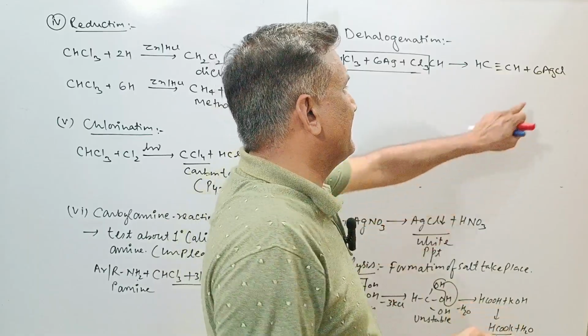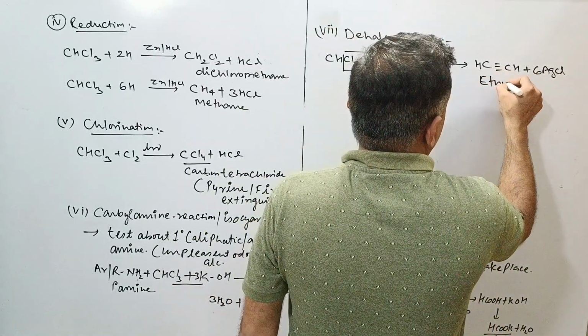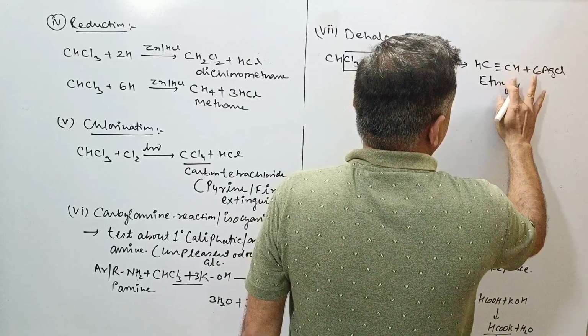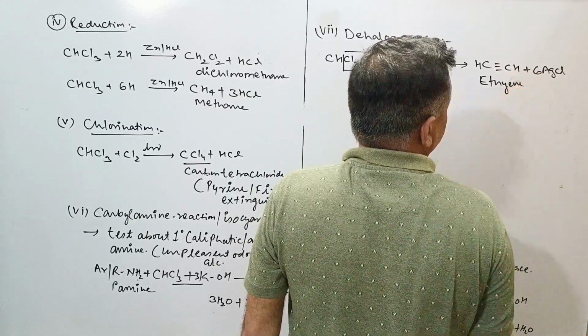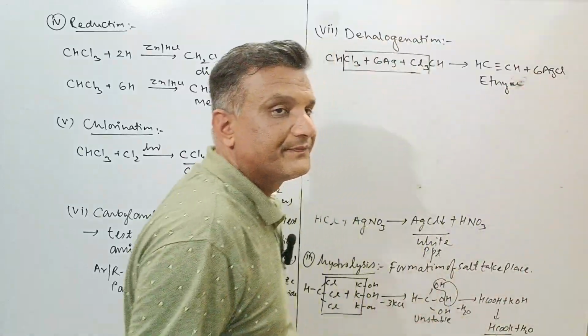It will form the white precipitate of AgCl, and here there will be formation of ethyne. We can take this as a preparation method of alkyne also.